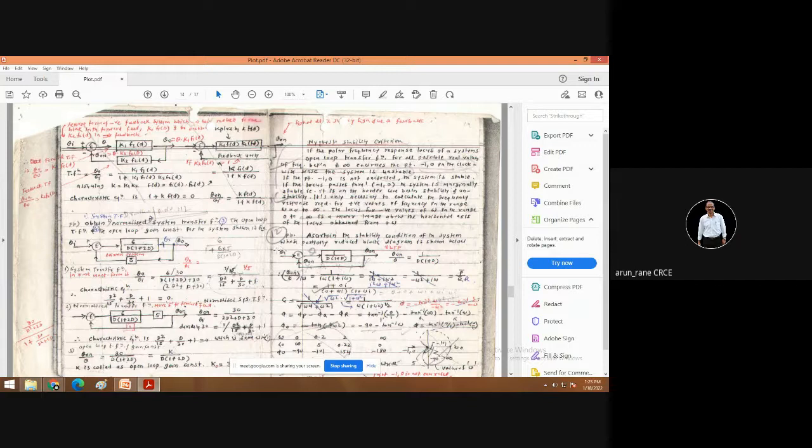So response upon disturbance, that is 1 upon d into (1 plus d). Now theta o upon theta i in complex form, that is j omega form, is equal to, replace this d by j omega. So 1 upon j omega into bracket 1 plus j omega.